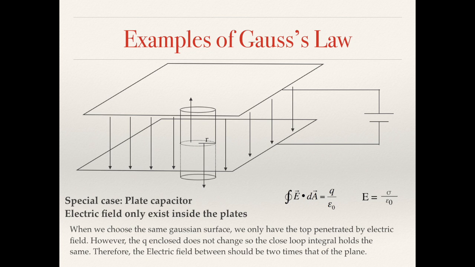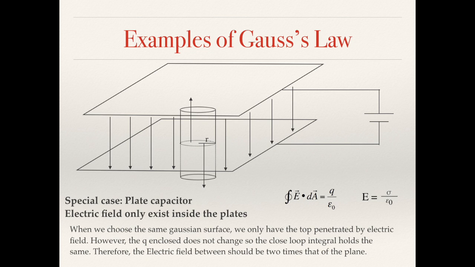But it is different when we calculate the closed loop integral. For the infinitely large plane, we have electric field strength through both the bottom and top of the cylindrical Gaussian surface we chose. But in this case, because there is no electric field outside the capacitor, the total area is just half of that in the former example of the infinitely large plane.